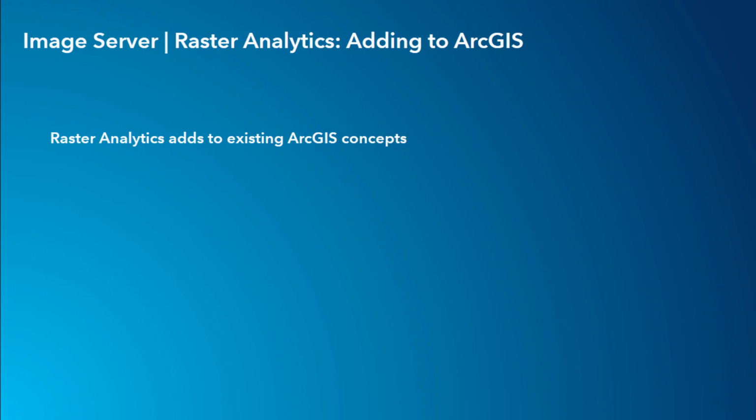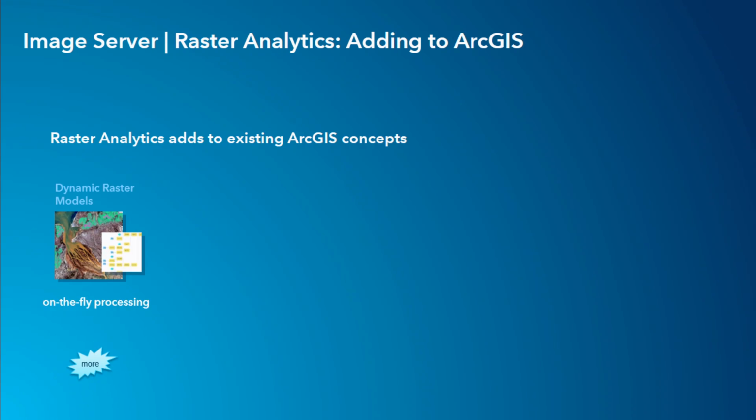Image Server also adds to existing ArcGIS concepts. If you're familiar with image extension from either desktop or the image extension for server in the past, you know all about the rich set of raster functions and the raster models that you can use or create with those functions.